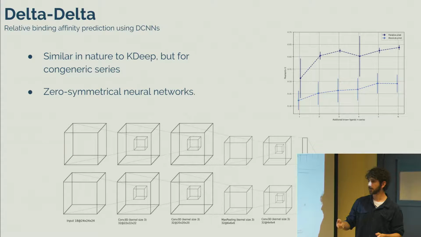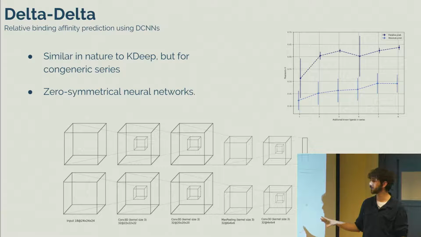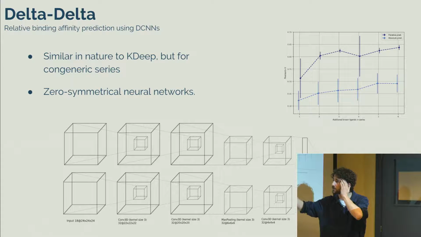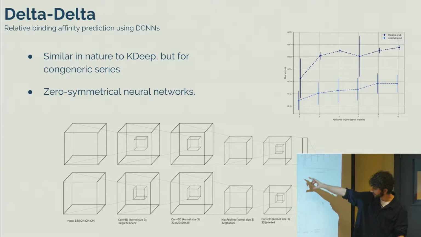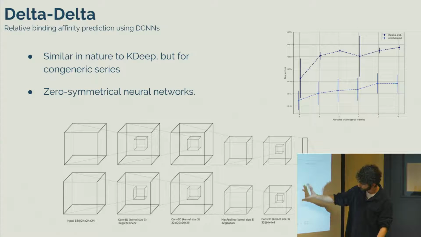Next slide. So basically, the concept is similar to Kdeep. It basically predicts affinity, but what we use is Siamese neural networks. Here we compute the ligands separately, and then we take the difference.